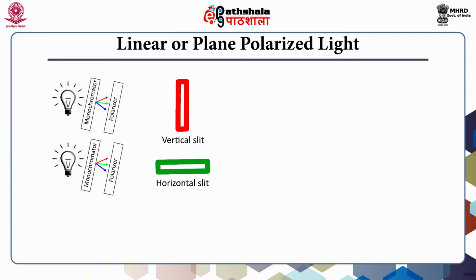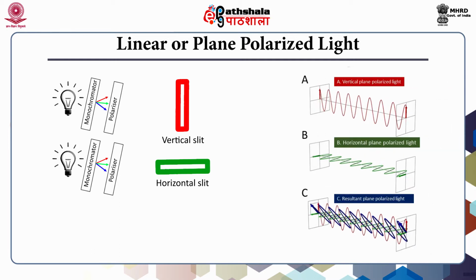You can see the vertical slit shown in red color. The second one, the horizontal slit, is shown in green color. If you have to produce linear or plane polarized light, they are the same thing, we have to pass them through these slits.